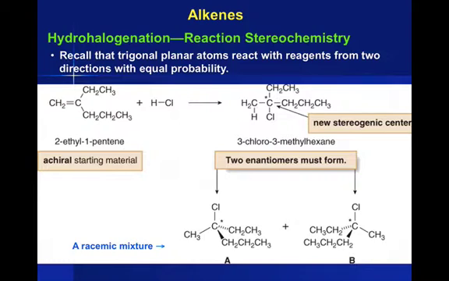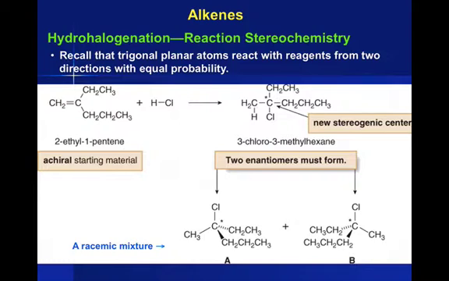Now let's look at an example here. Here we have 2-ethyl-1-pentene. Notice the carbons of the alkene. One of them has 2 hydrogens attached to it. The other one has 2 alkyl groups. And Brienne wants to add HCl across it. Where's the hydrogen going to go?